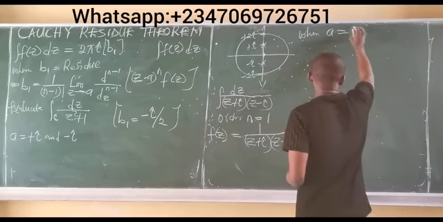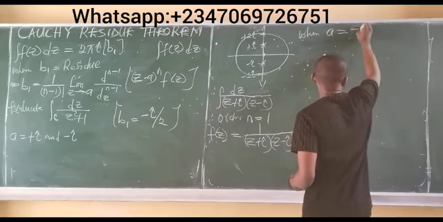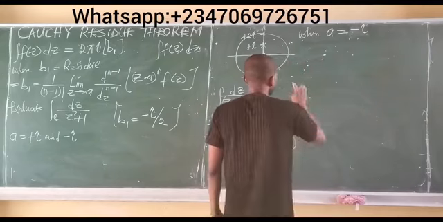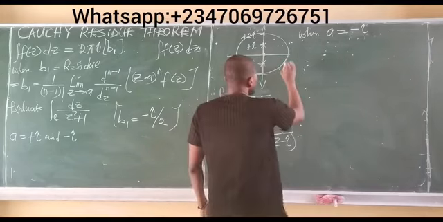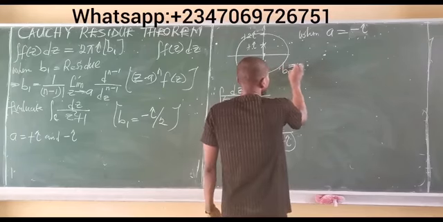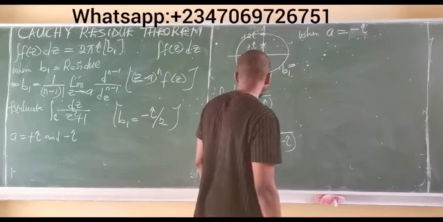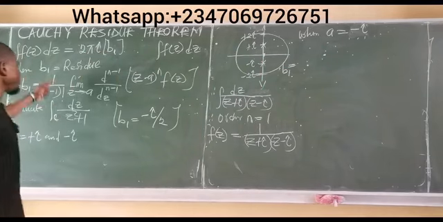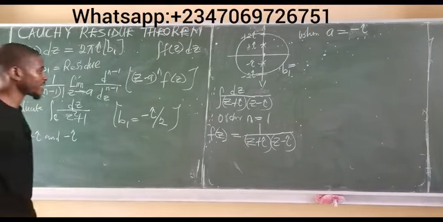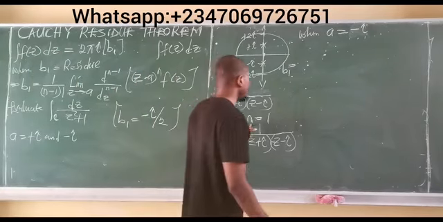Alright, so now consider when a is equal to minus I. So we start from solving our residue. So b1 for the second case now becomes, remember the formula, 1 all over n minus 1 factorial, and n is equal to what? 1.